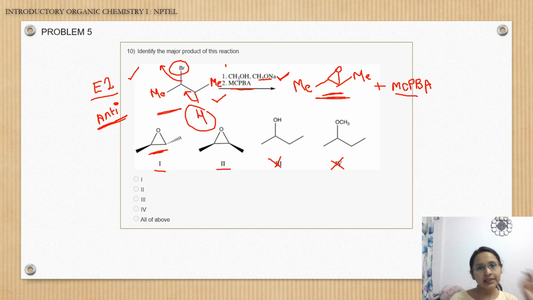In the reactant, the alkene was trans, so the epoxide also has the trans methyls present in the system rather than cis methyls. So these two methyls should be trans, right? So option number 1 will be the correct one. So it is the correct option. Is it okay to all of you? Did you understand what is happening in the reaction? Any doubts?